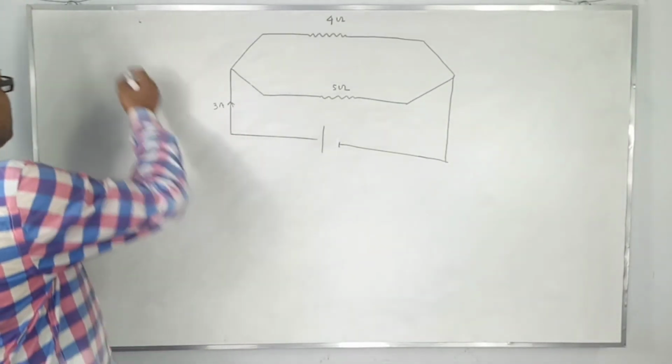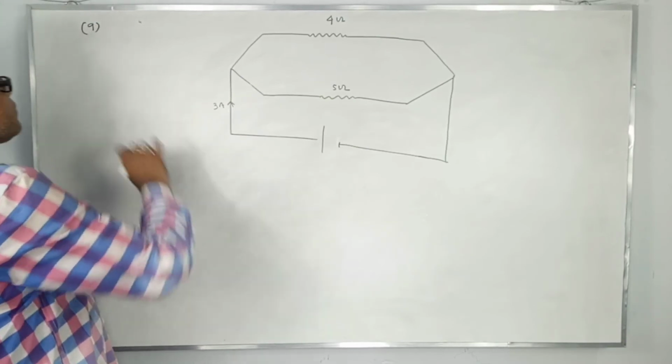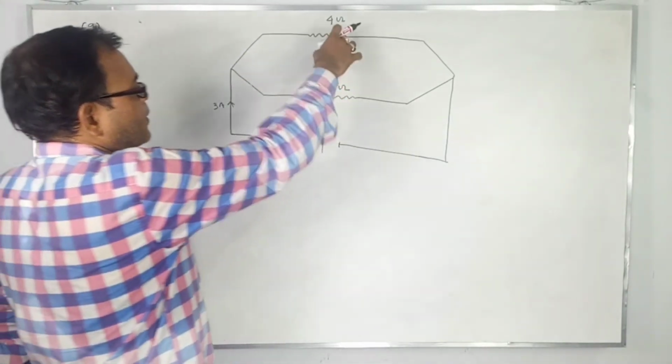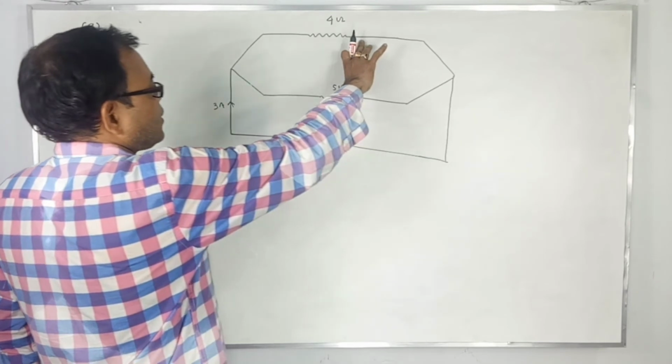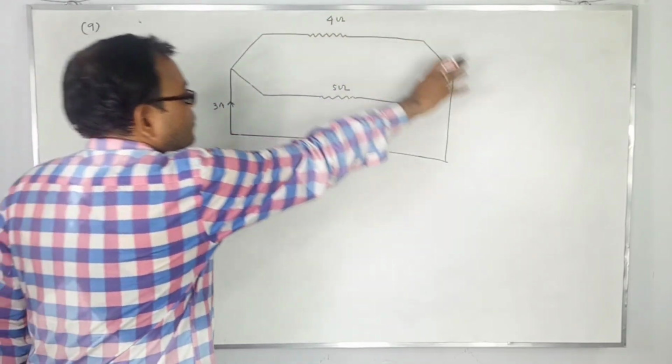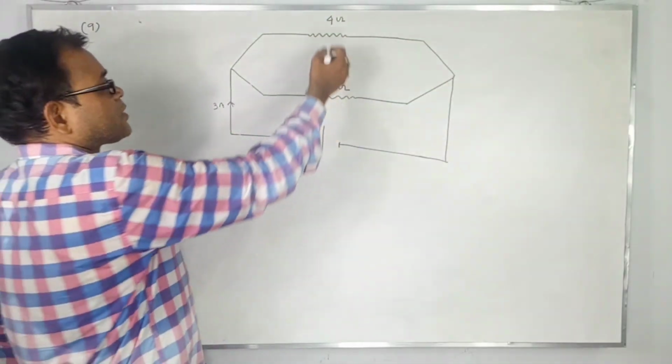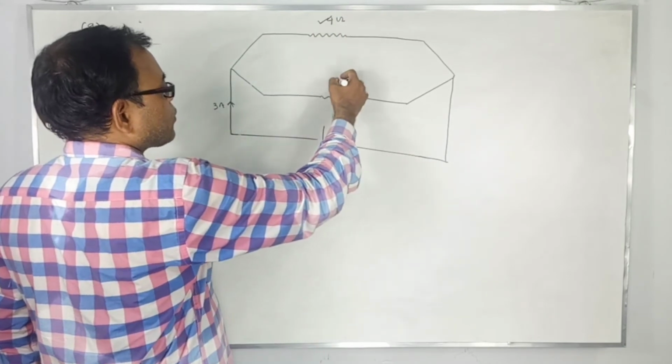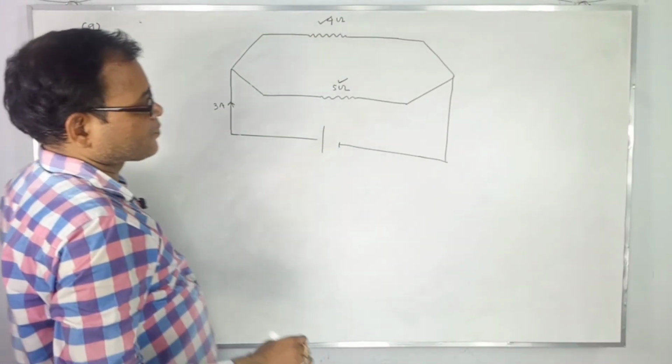Next question, question number 9. Two resistors 4 ohm and 5 ohm are connected in parallel so that a net current 3 ampere flows in the circuit. Then calculate the current which is flowing through 4 ohm as well as 5 ohm resistance.